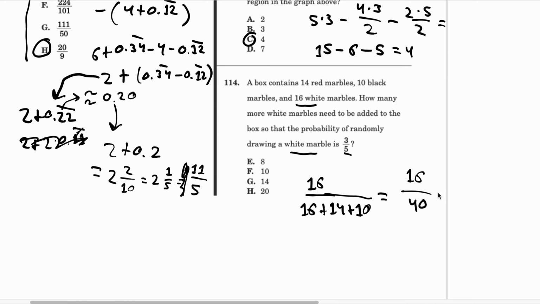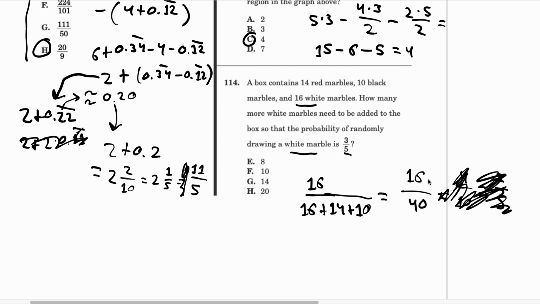And let's simplify that while we're at it. Divide both by 4, we get 4 over 10. And then divide both by 2 to get 2 over 5. Okay, so actually, you know what? Simplifying it isn't good because it is misleading. It can lead to an error.